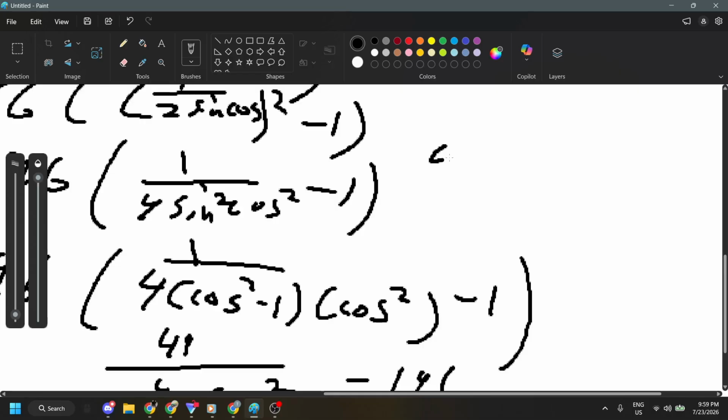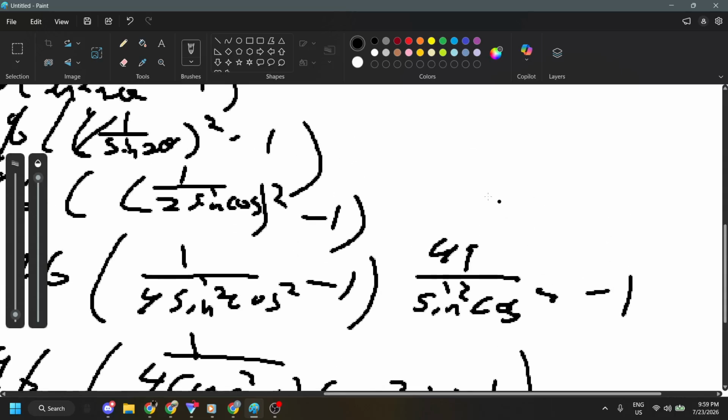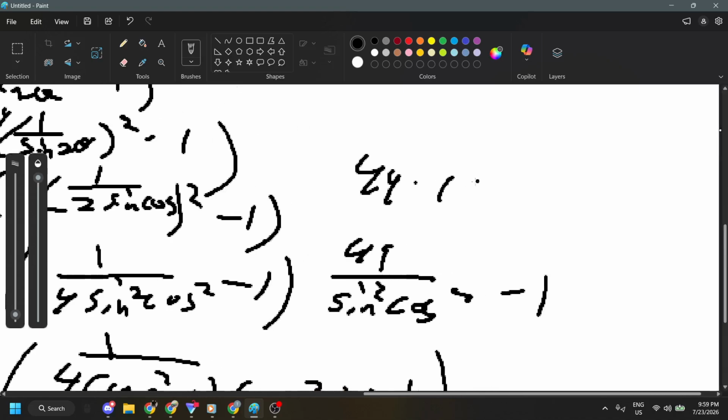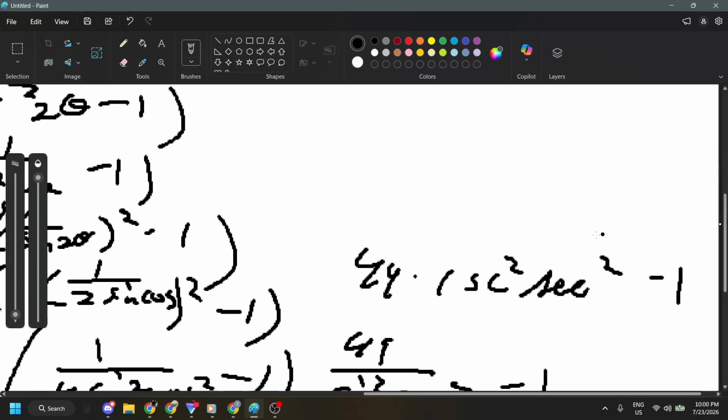Let me rewrite this: 49 over sine squared cosine squared minus 1. So it's going to be 49 times cosecant squared secant squared minus 1.